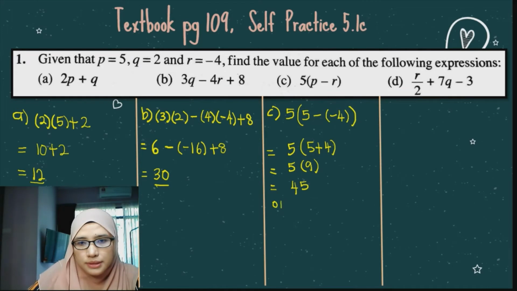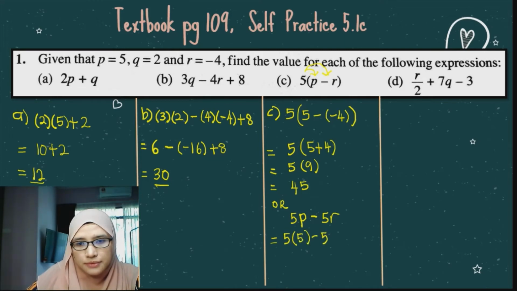Or another method, you can multiply in each bracket, 5 times P and 5 times negative R. 5 times P is 5P minus 5R. It will give you the same answer.